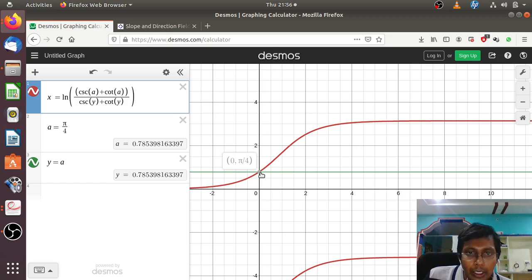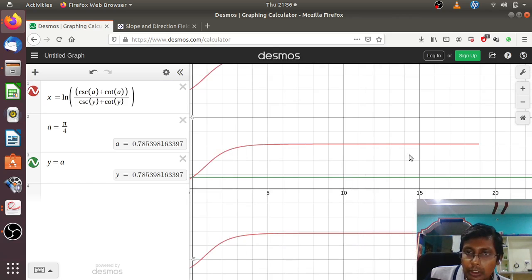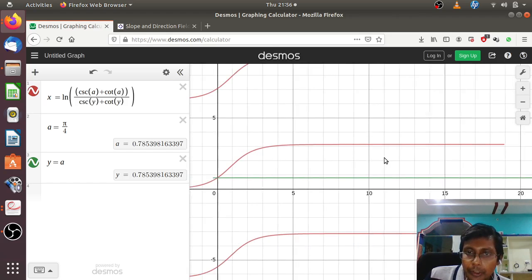As time approaches infinity, which means very large, it doesn't keep on increasing, but it seems like it's approaching a finite value, isn't it? I do not know what value it's approaching, but some finite value.